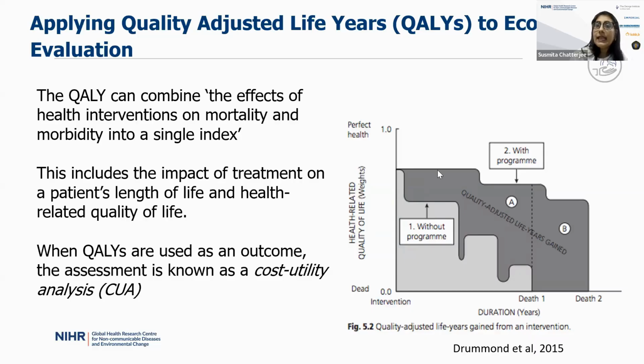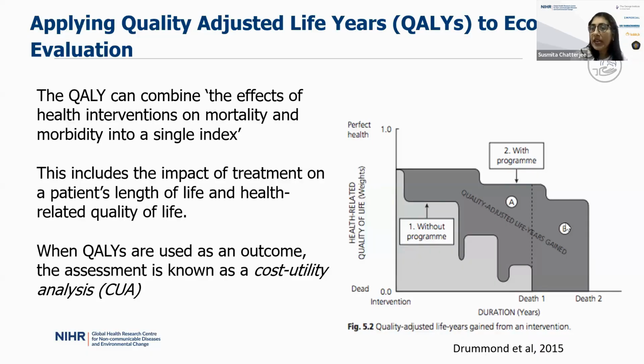And now, see, in every state of life there is an extension. Previously, if you look at my arrow, the person was up to this state without the program. Now, the person is up to here. So, better quality of life. Previously death was happening at death 1. Now it is happening at death 2. That means my program is able to give better quality of life to the people.